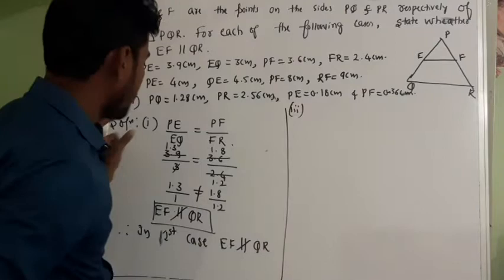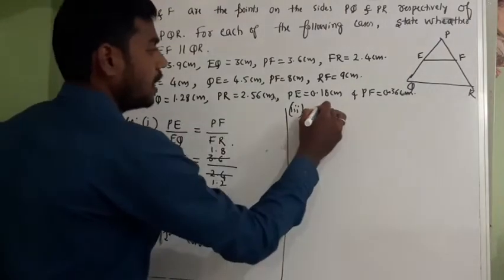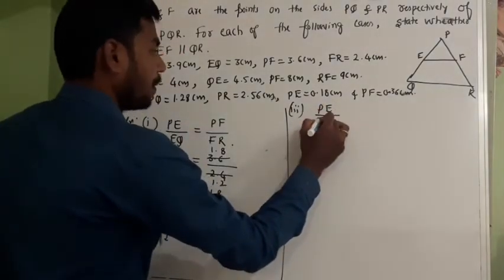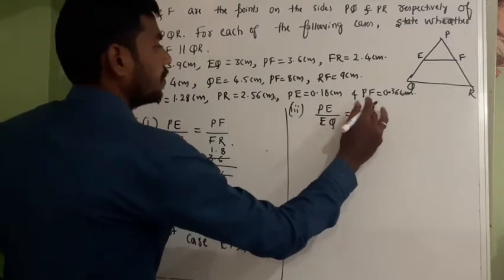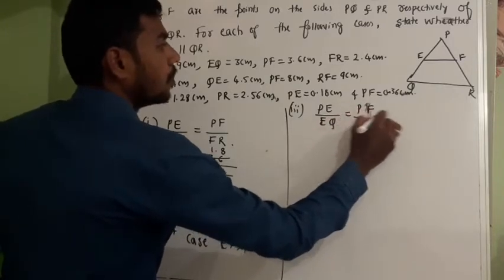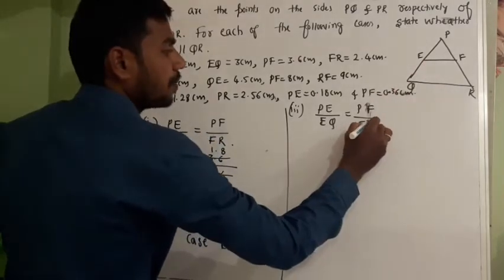The same ratio I should write: PE by EQ should be equal to PF by FR, right?